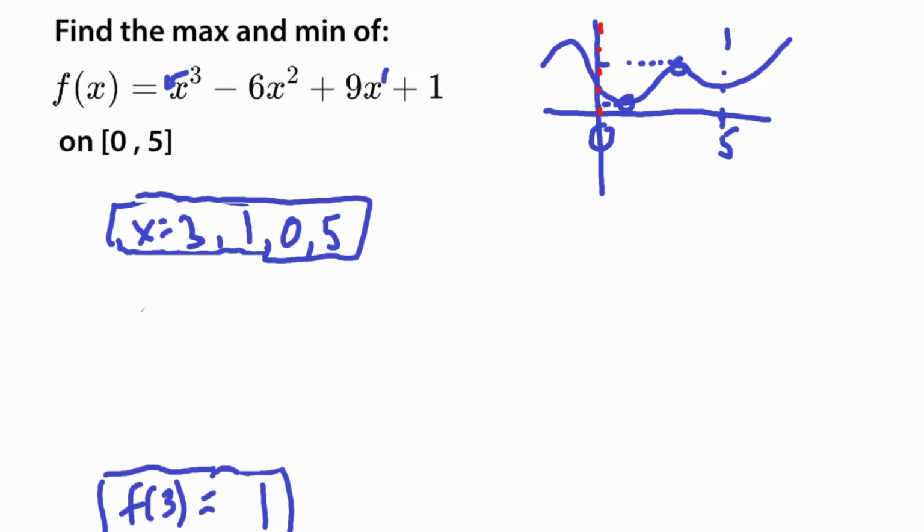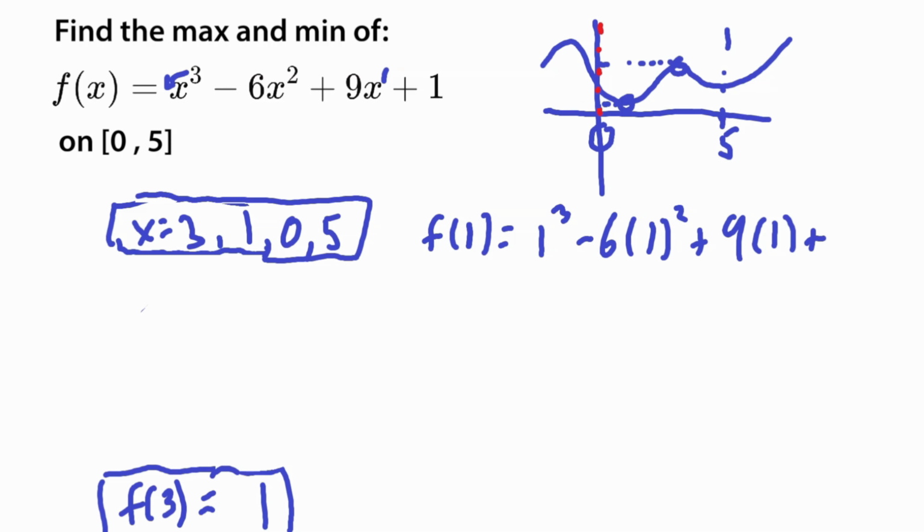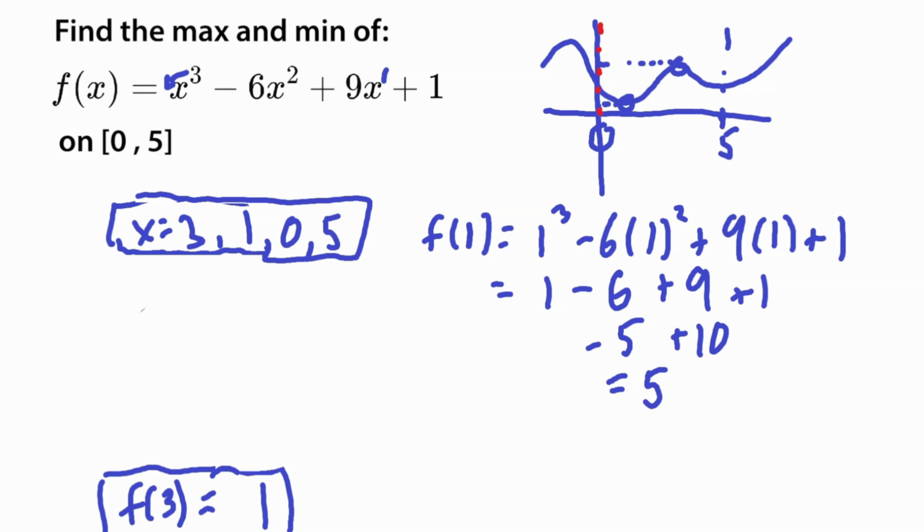Now let's plug in 1. f of 1 is equal to 1 cubed minus 6 times 1 squared plus 9 times 1 plus 1. So 1 cubed is 1, minus 6, plus 9, plus 1, which gives negative 5 plus 10, that is 5.